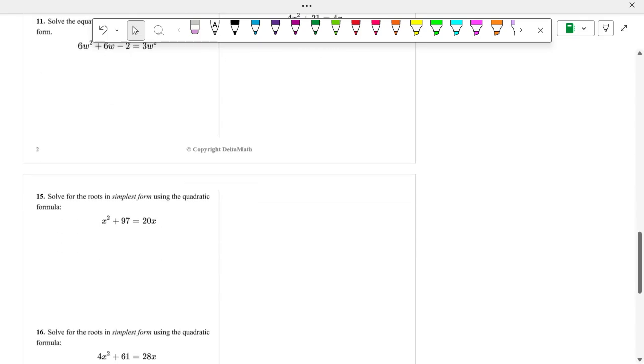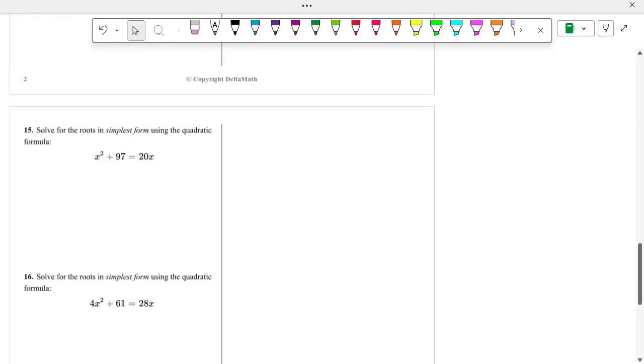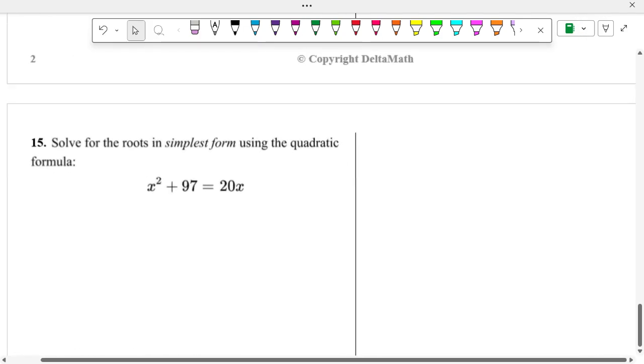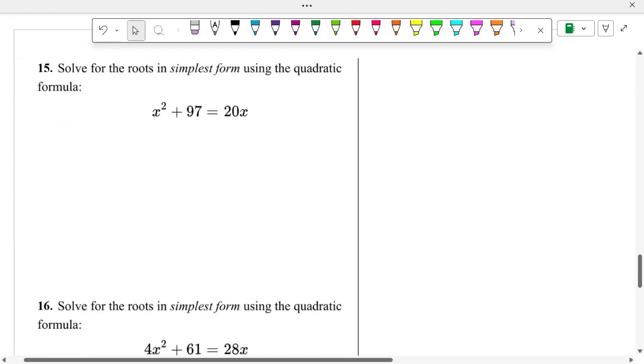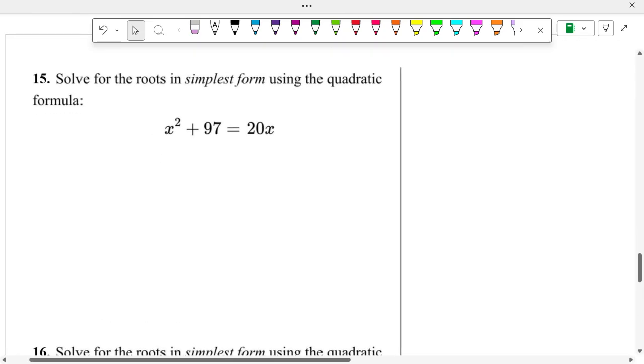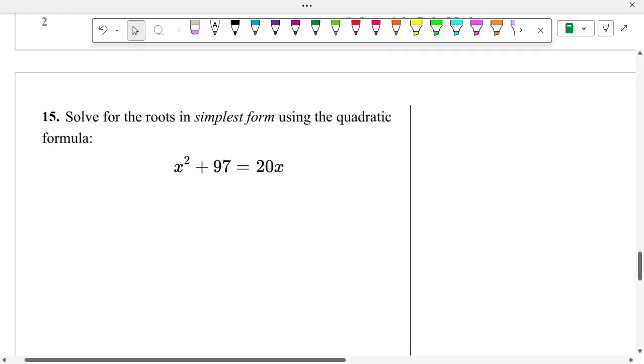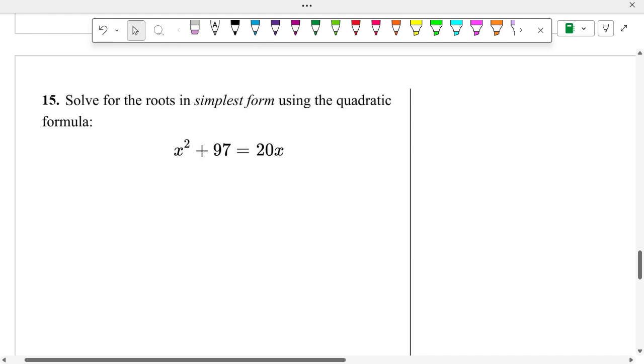So let's look at number 15. Now, remember the i is just the imaginary number, so you'll end up with a negative radical somewhere.